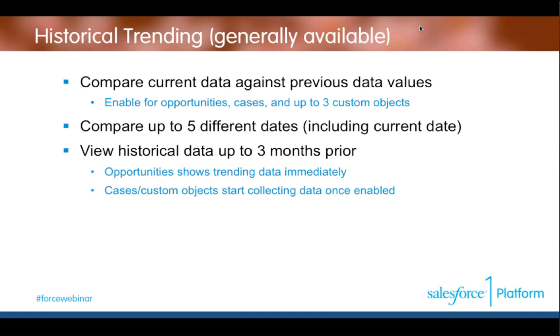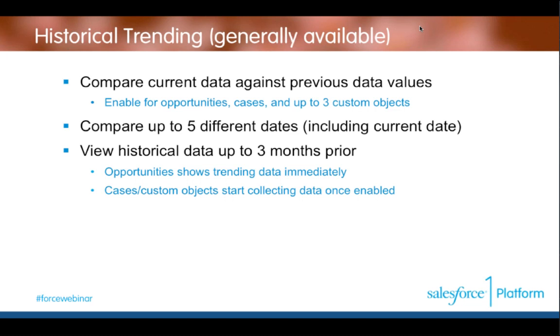What that means is, similar to how with speed tracking you can track individual speed changes in Chatter, with historical trending you can track field data over time. So if you have, say, an opportunity amount, you can compare today versus yesterday or last week.